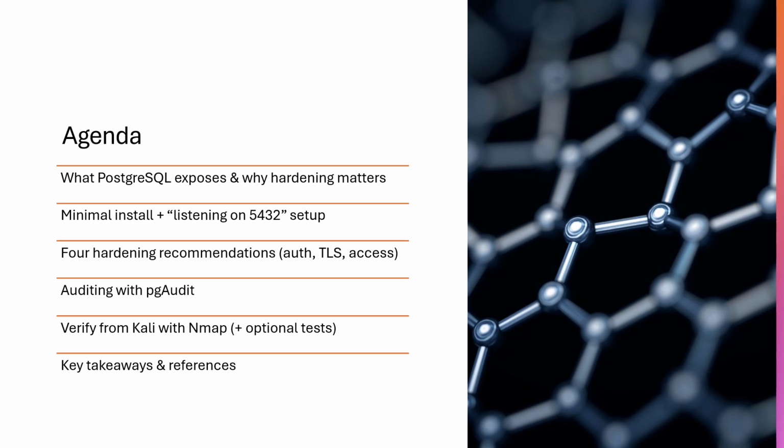Following that, I'll explain how to enable pgAudit for detailed logging. Then we'll verify from Kali using Nmap and optionally test with psql. Finally, I'll leave you with common pitfalls and key takeaways.